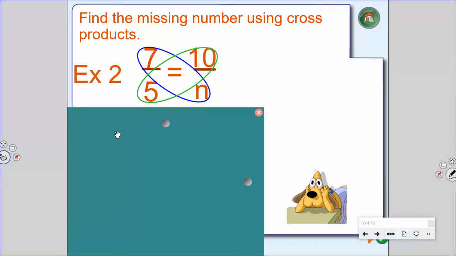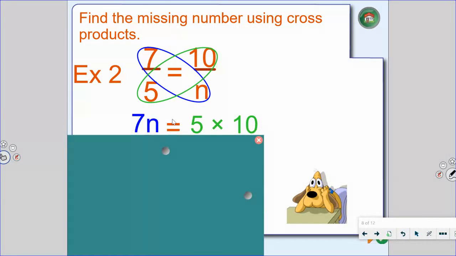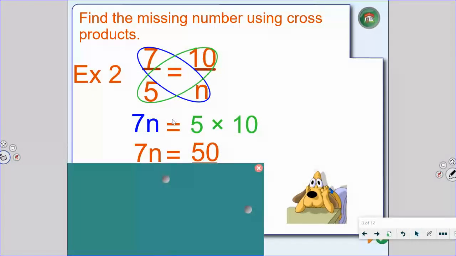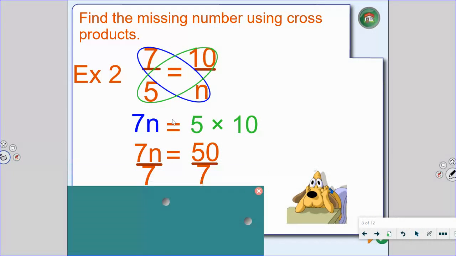So if we were to multiply diagonally using cross products, notice here, by the way, 7 doesn't go nicely into 10. Otherwise, we would just want to find whatever number goes into it. But in this case, let's go ahead and multiply diagonally instead. So 7 times n, 7n. 5 times 10, 50. But we don't want to know what 7n equals, so let's go ahead and divide both sides by 7.